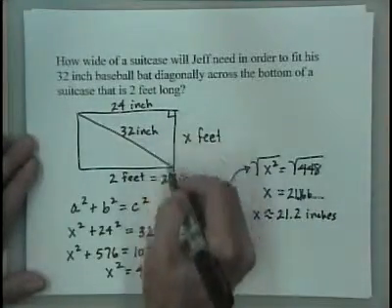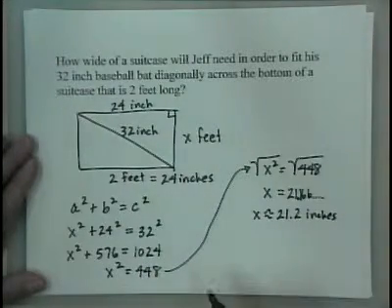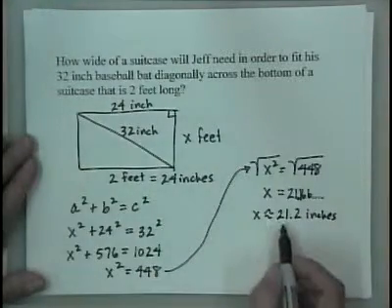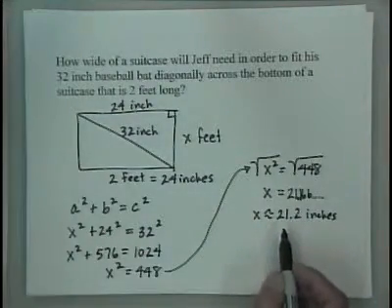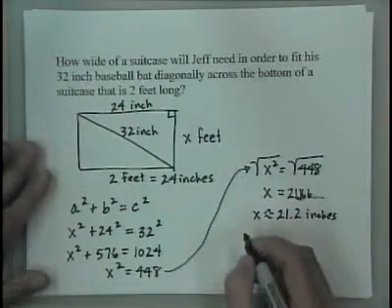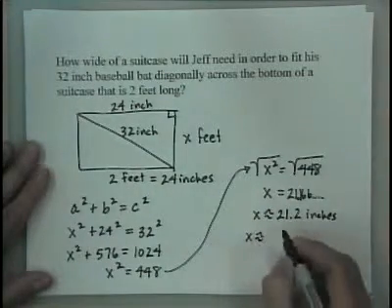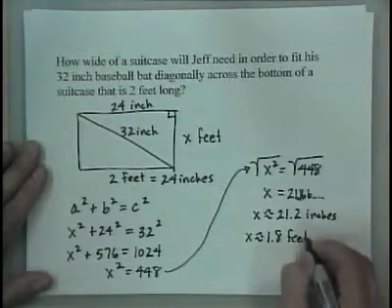And so the width of the suitcase would need to be 21.2 inches, which seems to be a more appropriate answer than trying to change this to feet. If you wanted to change to feet, you'd want to divide 21.2 by 12, and you could say that that's approximately 1.8 feet rounded.